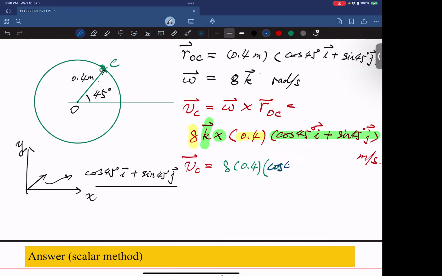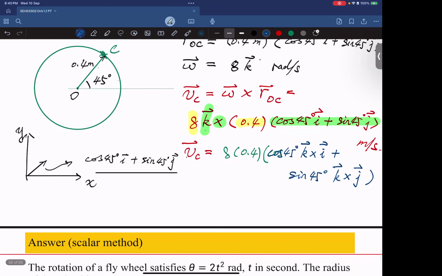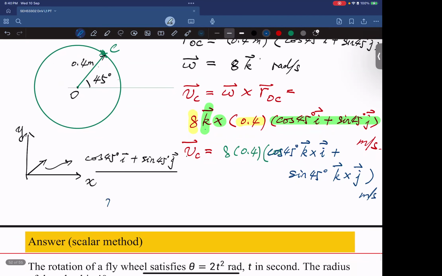Cosine 45 degree, K cross I, plus sine 45 degree, and K cross J. So finally, meter per second, right? Let's see, what is it? 8 times 0.4 is 3.2. So the scalar is still 3.2, the magnitude still 3.2.